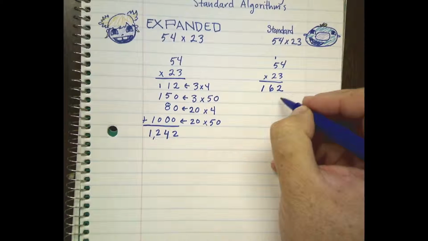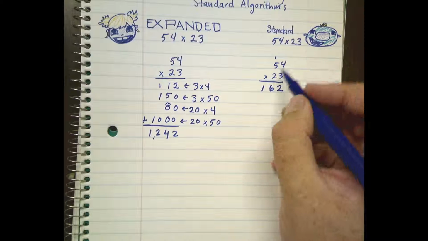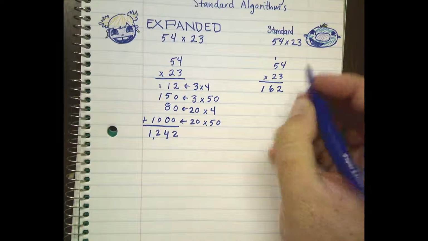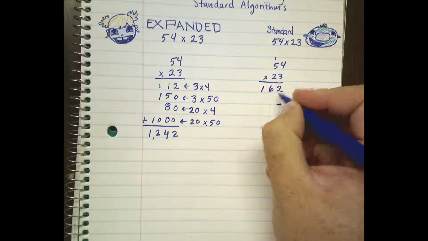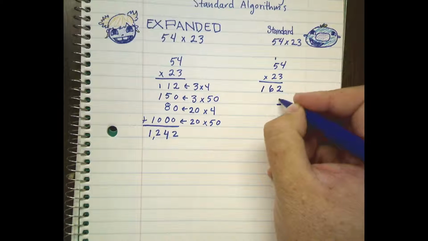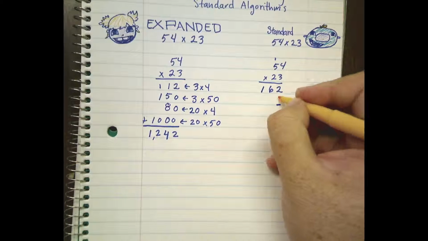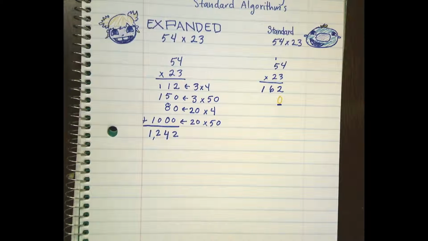Okay, so here's the tricky part. Now I'm multiplying from the tens place, so I need to start in the tens place. I need to have a placeholder here. So I skip 1 over, and a lot of times we'll put a 0. I'm just going to put a 0 in yellow so it really stands out. So there's our placeholder 0.